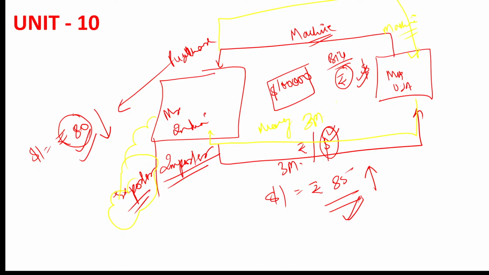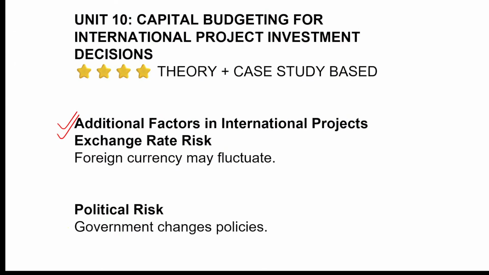Then the money that he would receive will also depend on the exchange rate, right? Earlier he would have got only 80 into 1 lakh, but now he is getting 85 into 1 lakh. What if the currency went down? Then his money would have also gone down. So there will always be a risk of foreign currency fluctuation.